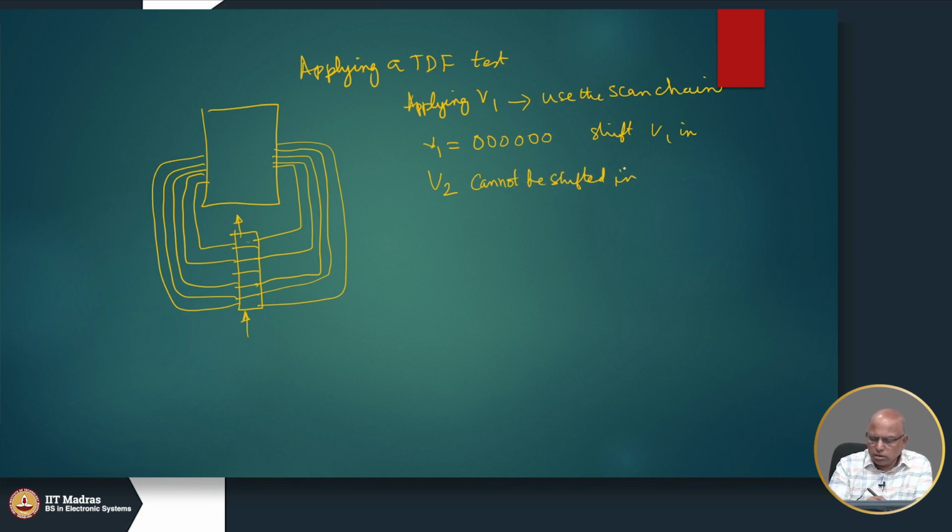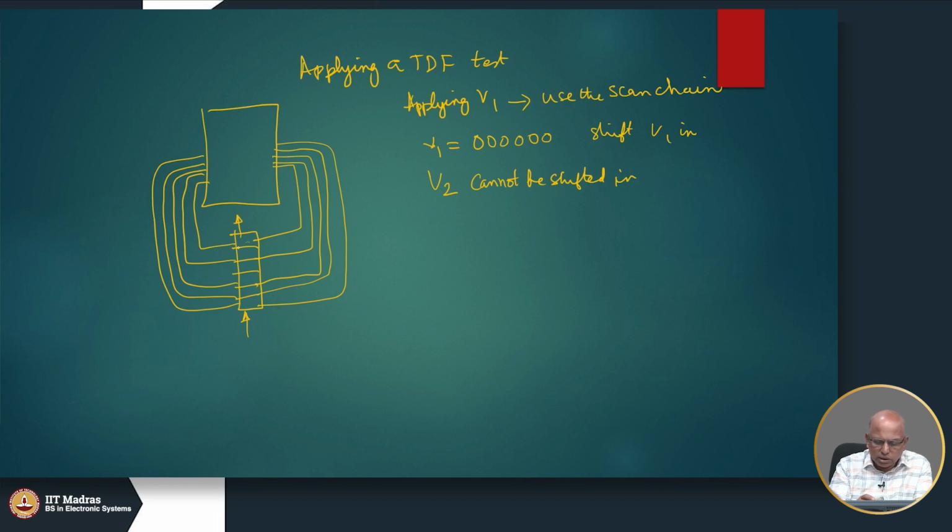Why? Because shifting in V1 is a slow process. Okay, like in this example, we take 6 clock cycles to shift in V1. Now, if I shift V2 in the same way, the transition will not get launched. Before the transition is getting launched, all kinds of other activities are happening in the circuit.